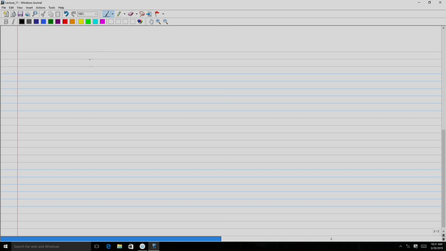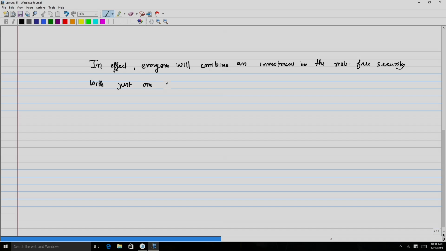So, to elaborate a little more on this, in effect we can state the following, that everyone will combine an investment in the risk free security with just one risky portfolio, namely the market portfolio.